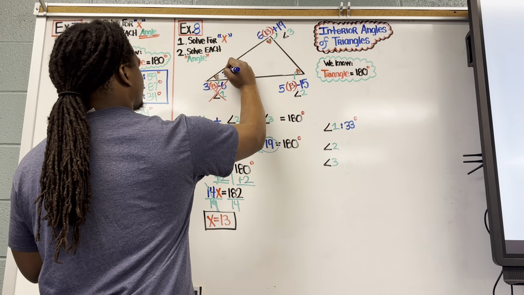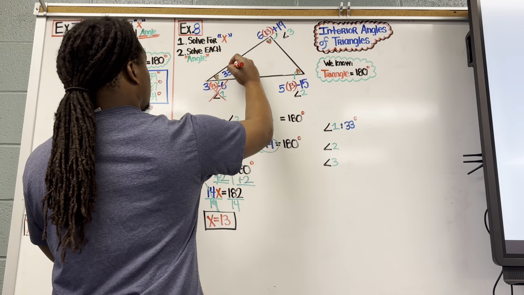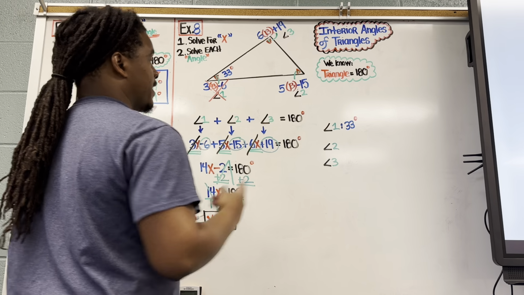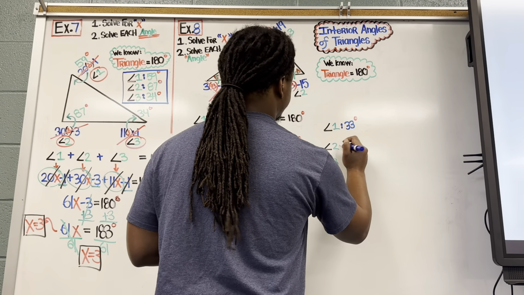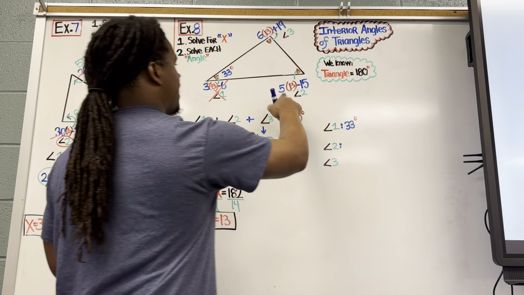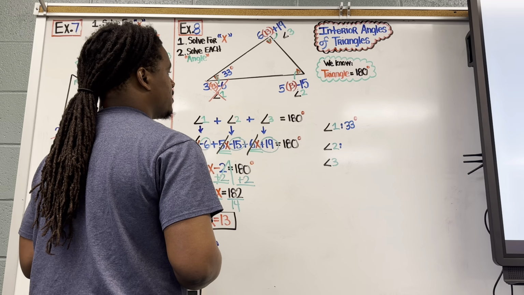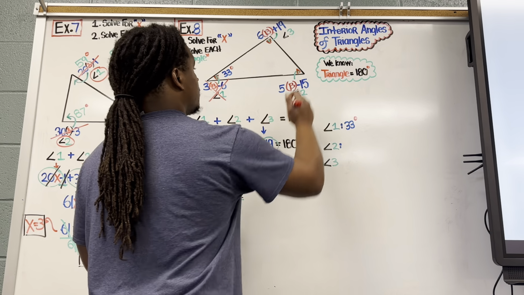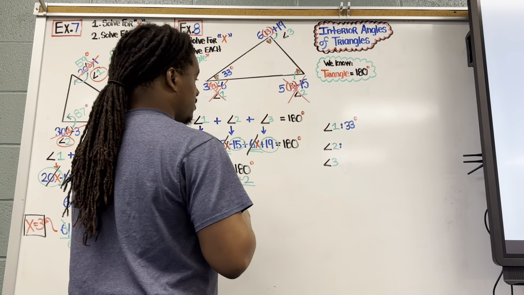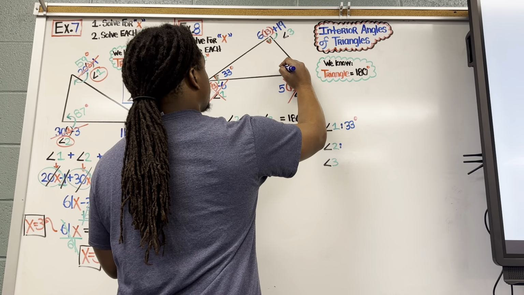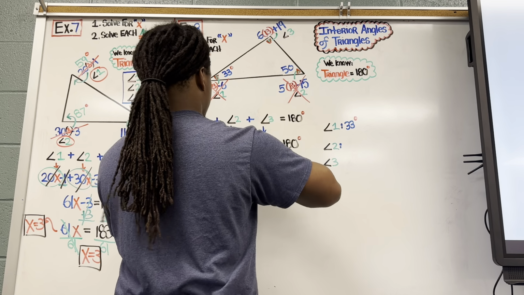So this is 33 degrees. Okay, angle 2, same thing. 5 times 13 is 65. 65 minus 15 is 50. So angle 2 becomes 50 degrees.